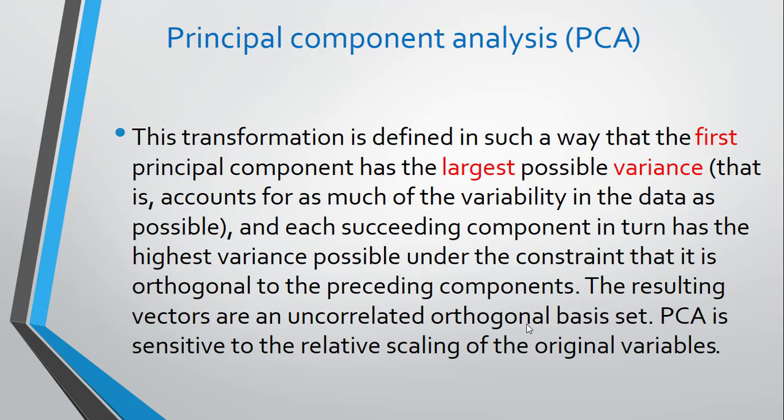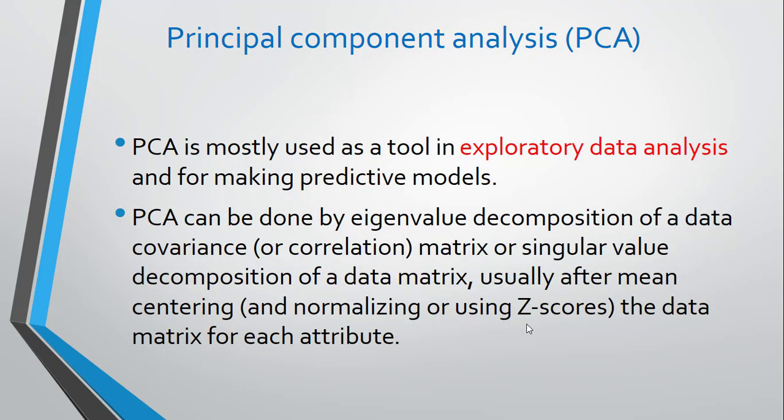PCA is sensitive to the relative scaling of the original variables. PCA is mostly used as a tool in exploratory data analysis, EDA, and for making predictive models. PCA can be done by eigenvalue decomposition of a data covariance or correlation matrix, or singular value decomposition of a data matrix, usually after mean centering and normalizing, or using z-scores, the data matrix for each attribute.